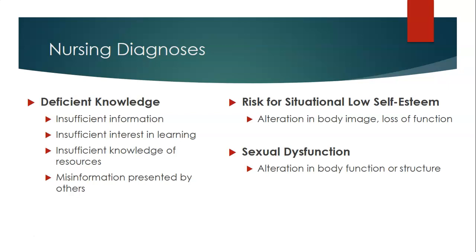And of course, sexual dysfunction, secondary or related to alteration in body function or structure. So depending on what this person has going on, it can be really hard to feel good about yourself or feel like you want to have relationships with anybody if you have a catheter. So, of course, as nurses, we're going to do everything we can to support this person and help them work through their problems.